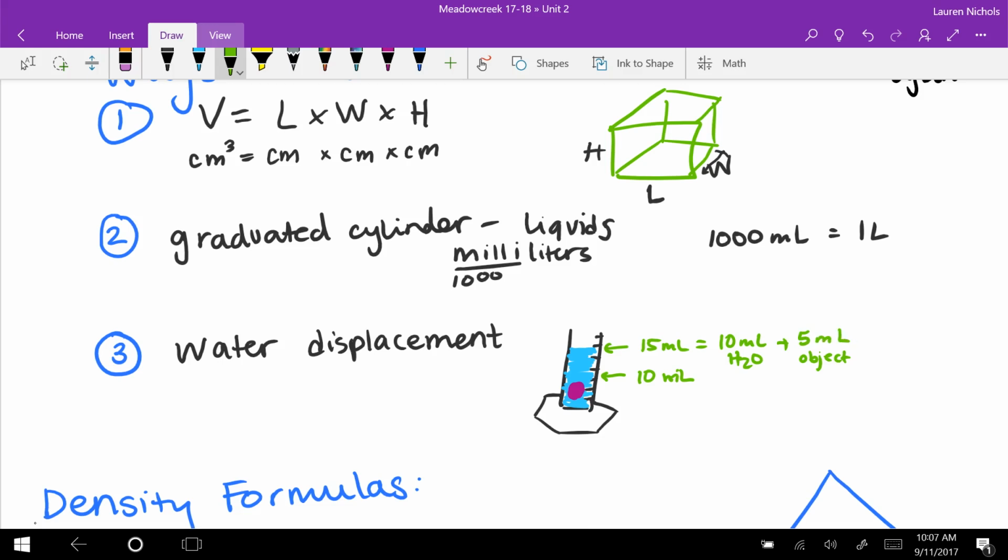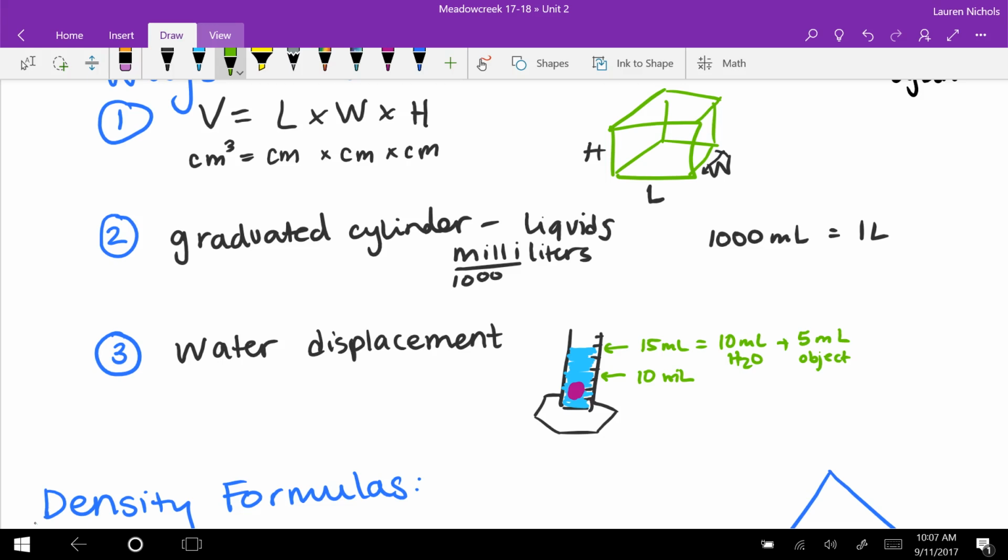And so we use the displacement of water to determine the volume. How much water did it displace or move in order to be there? Now, this would only work for objects that have a density greater than 1, because if we were to put it in water and it floated, we wouldn't really be able to get an accurate volume for it.